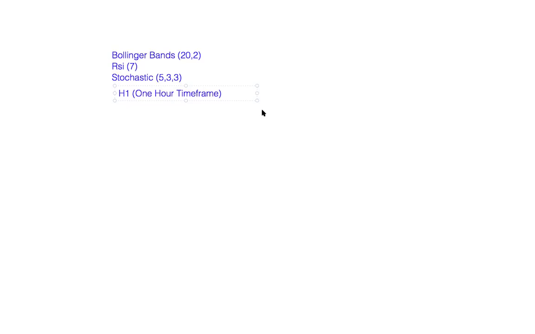And what we want is something that is stable and more sure, that is going to respect a structure and go in the direction that we anticipate. Right? So the 1 hour and even upwards, so 1 hour, H4 and even D1, tend to respect a structure more because they are bigger time frames, and the bigger the time frame, the better the structure is respected. Right? So the 1 hour time frame is what we use for the BRS.